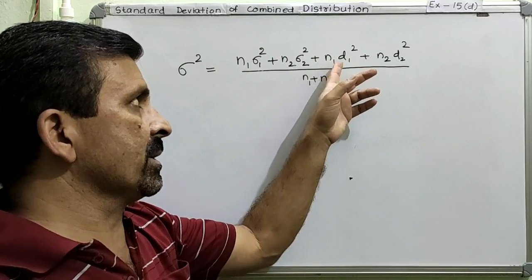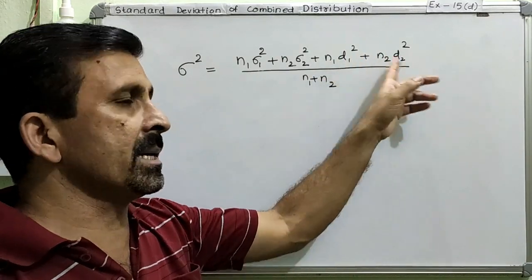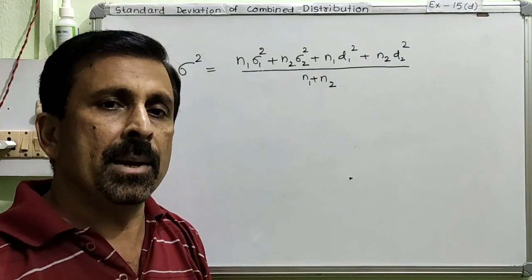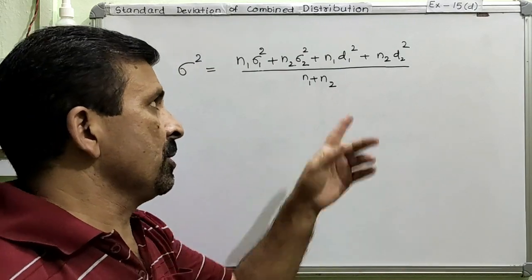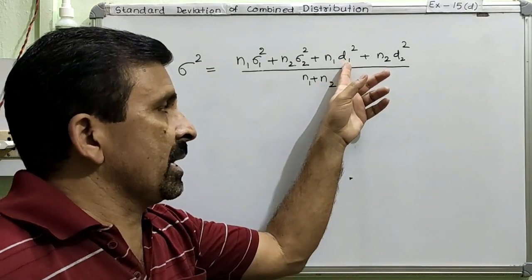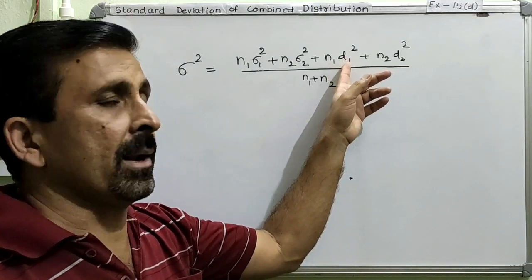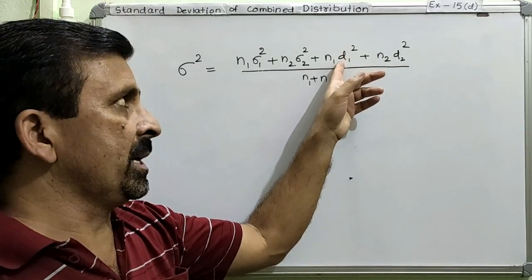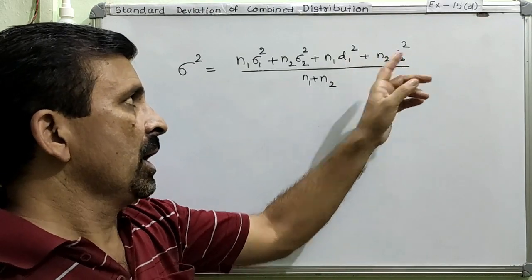Now the next one is N1 and D1 square. D is the deviation from the mean. Is this very clear? Deviation from the mean. So this we need to calculate, D1. Clear? In the question, I will show you how we calculate it.